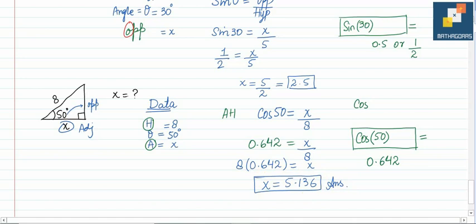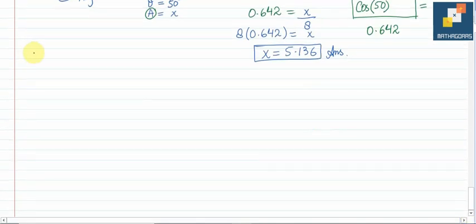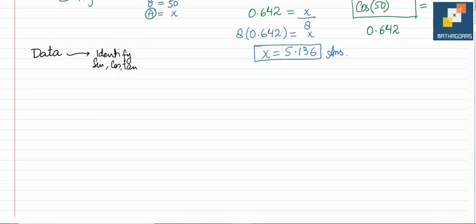So what we are doing in such questions, I'm going to write down the steps for you guys. First step, we are making data. After data, identify sine, cos, tan. And after the completion of data, you guys need to highlight which working formula you are going to use and why, right?